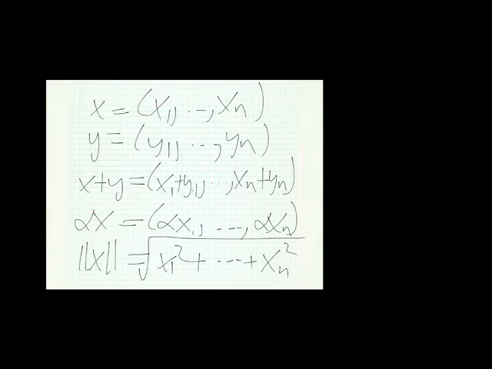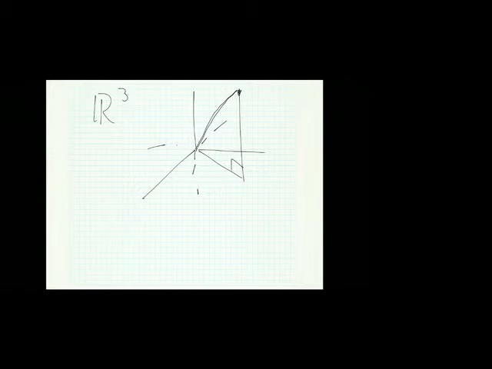In fact, R3 we're supposed to think of as 3-dimensional space. So that formula for the norm actually is supposed to make sense. It will give us the length of this line segment in R3.